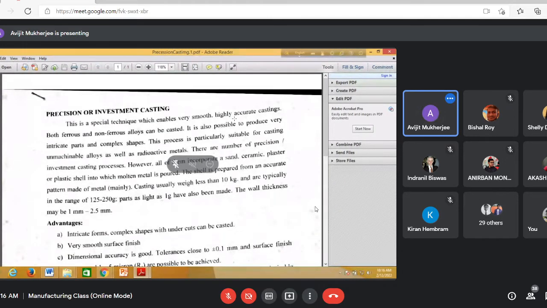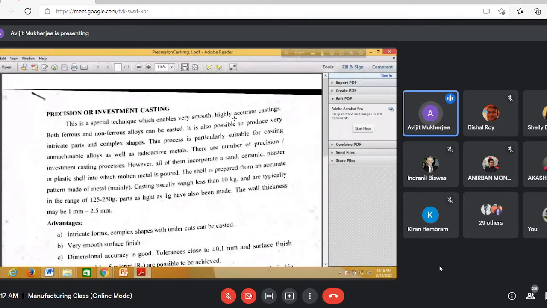Also, there are some very hard materials, difficult to be machined, almost unmachinable materials. That is very hard, which can't be machined very easily. For those type of materials, this precision or investment casting is the process.